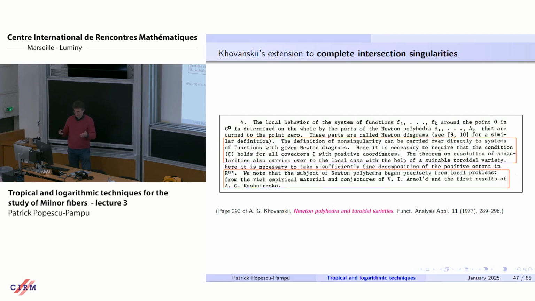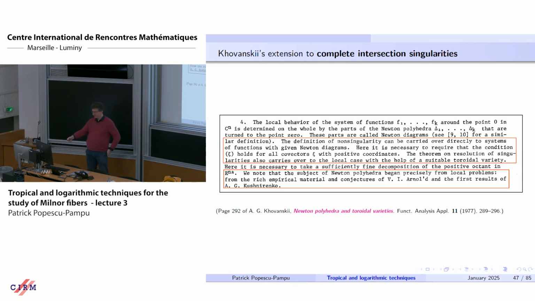And also Khovansky, I discussed this topic with him, and he was very annoyed. He said they really very badly translated my paper. And in particular, you see here the definition of non-singularity, no, not non-singularity, here it's Newton non-degeneracy. And you have many problems like this. So if you have difficulties in understanding it, just know that it's not your fault. You have to change each word till you arrive at something understandable.